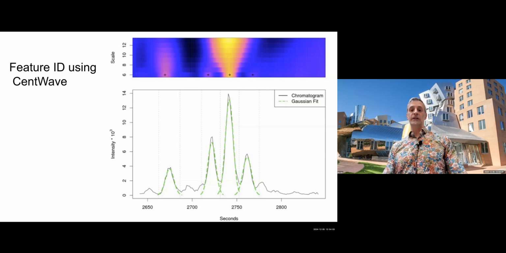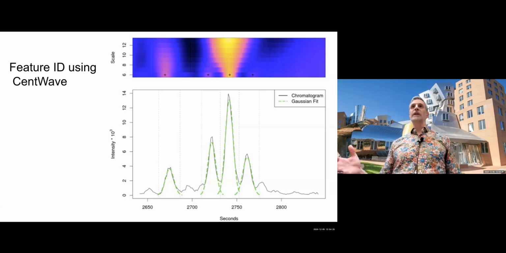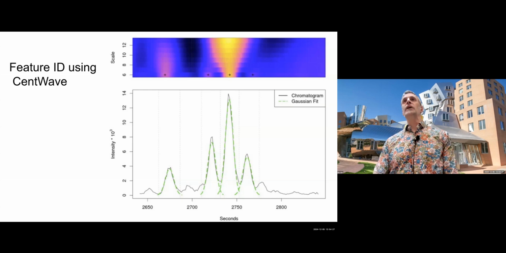It's essentially taking these raw data and identifying 4 different peaks, so 4 different molecules passing through. And then you can see there are additional peaks like here and here and here. And so we need to draw some threshold for what we think is actually there versus what's noise.